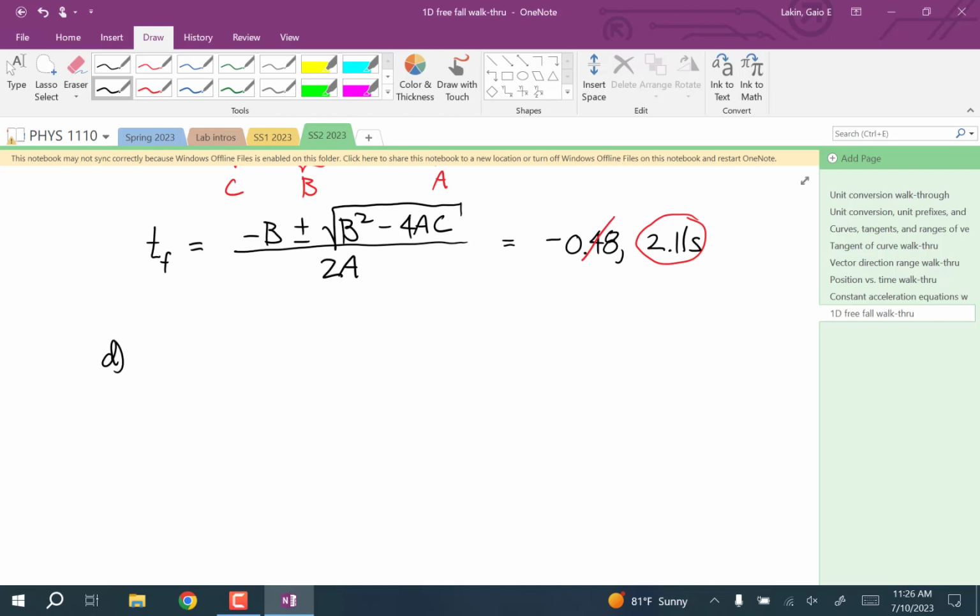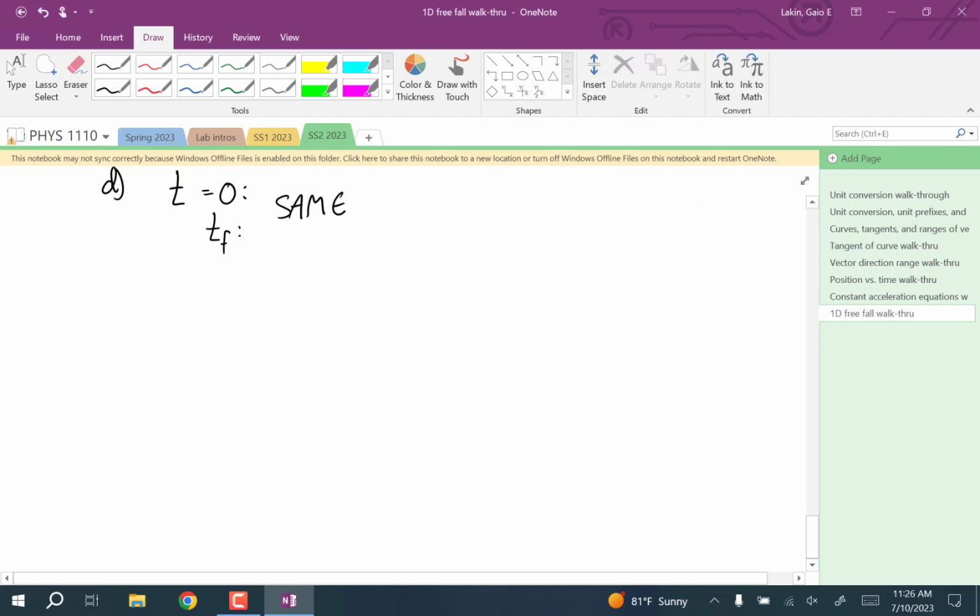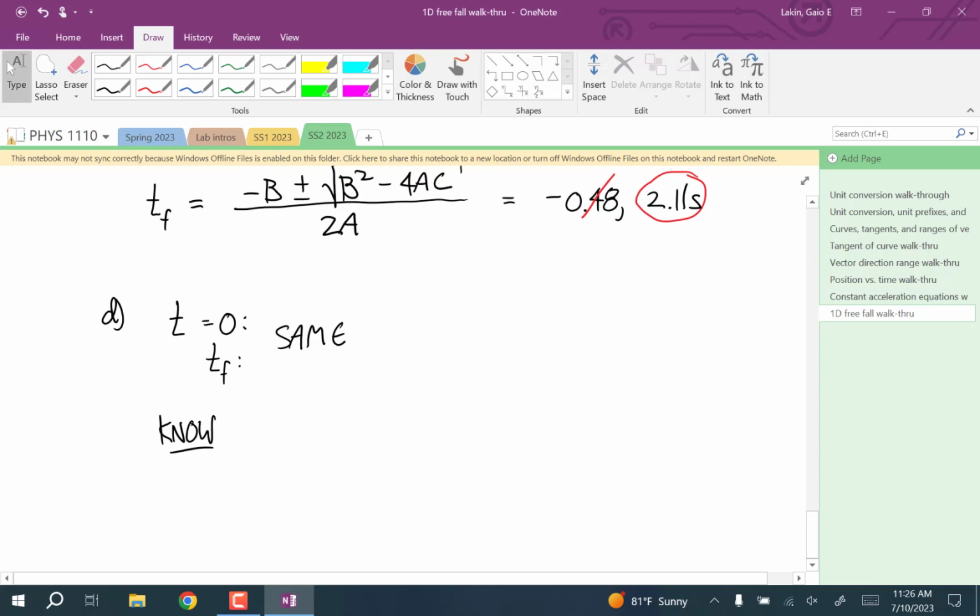No, we still want our time final to be when it hits the ground. So these are still the same. Whenever that's the same as it was in the last part, we still know everything we knew in the last part, plus whatever we calculated in the last part.